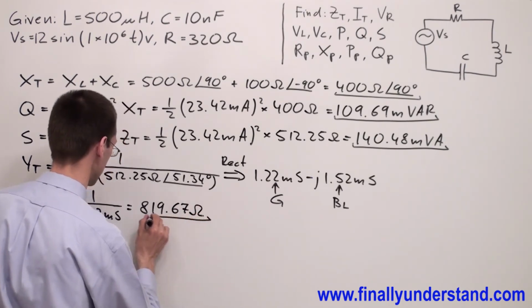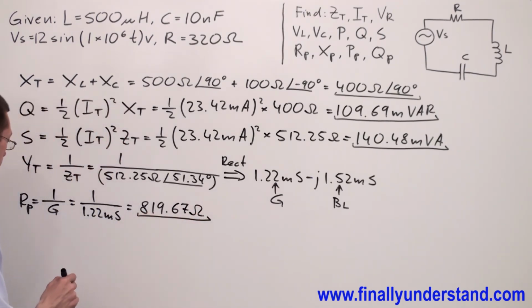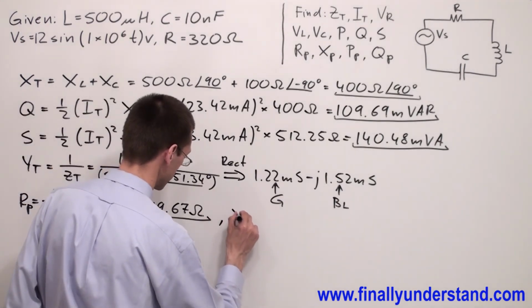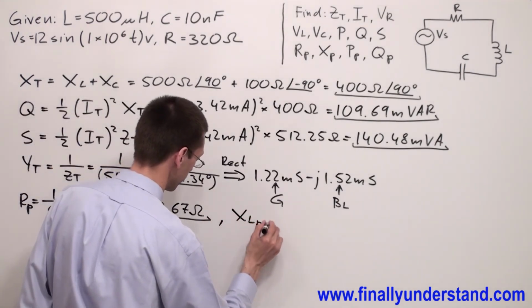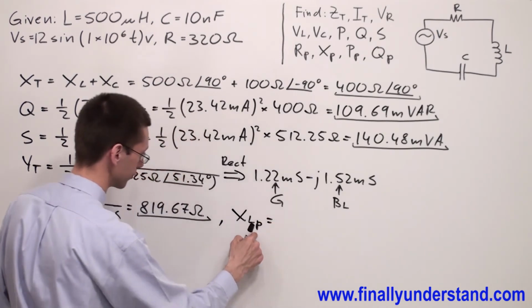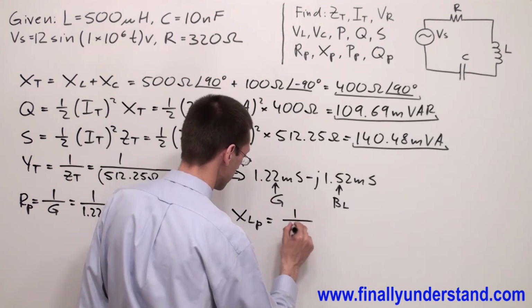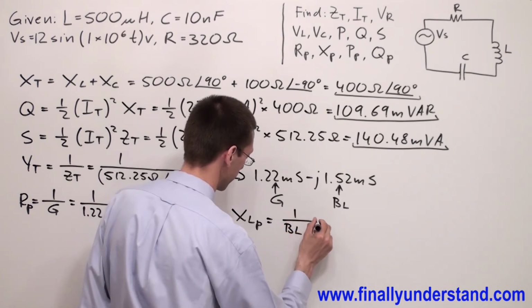So this is my resistance. And if I want to find the inductive reactance, X of LP, where P stands for parallel, is equal to 1 over BL.